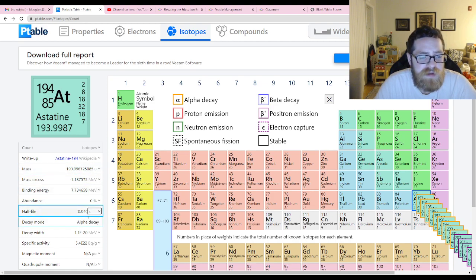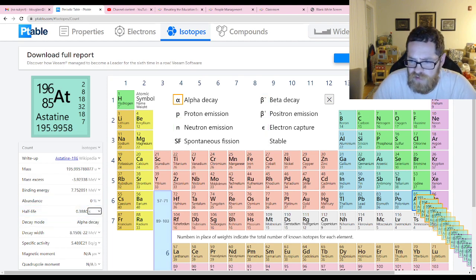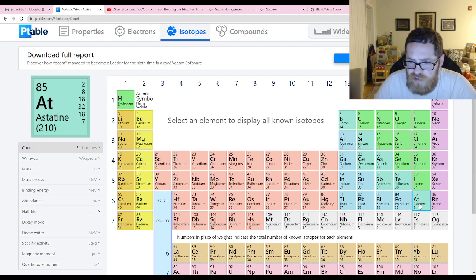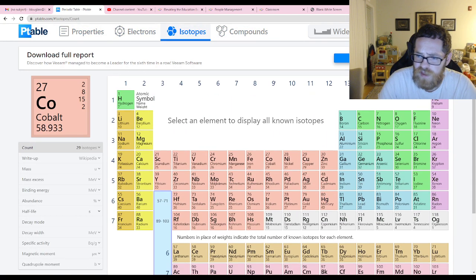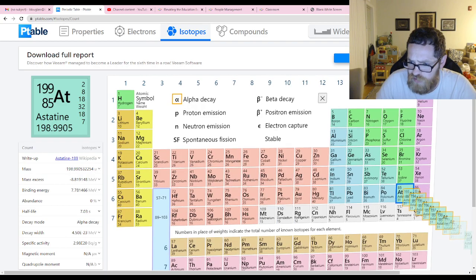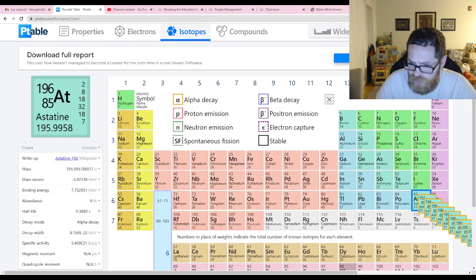Half of astatine decays in 4/10 of a second. There's not much there. Oh, sorry, that is the low abundance one. Let me go to the high abundance one. Astatine is element 85, and typically it has, let me do this right, 210. So let's look at 210. I think it should actually be about like 8 minutes, something like that.